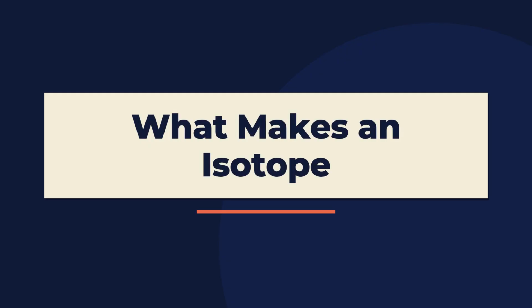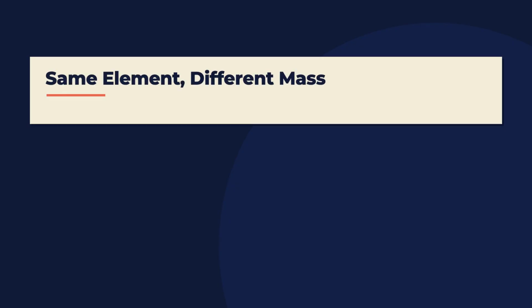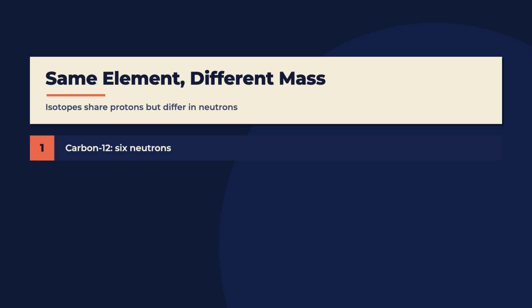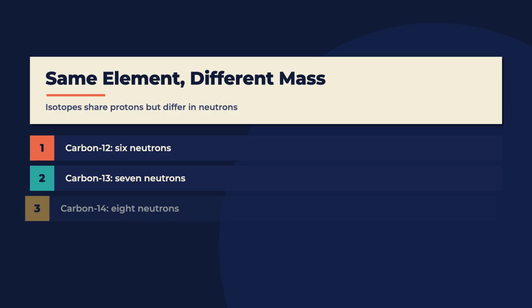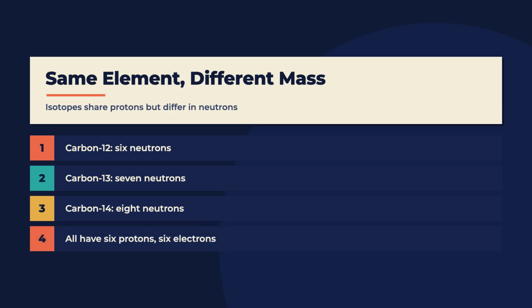Radioactive iodine lights up the thyroid because the gland cannot tell it apart from ordinary iodine. To see why, we need to understand what an isotope actually is. Isotopes are atoms of the same element with the same number of protons but different numbers of neutrons. Carbon 12, 13, and 14 all have 6 protons and 6 electrons.